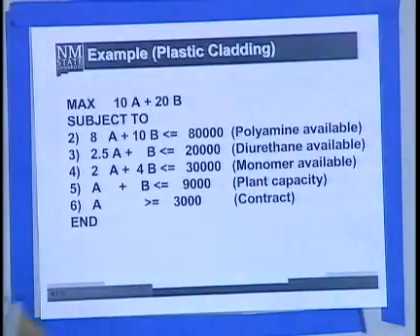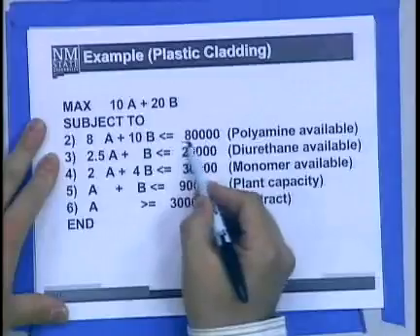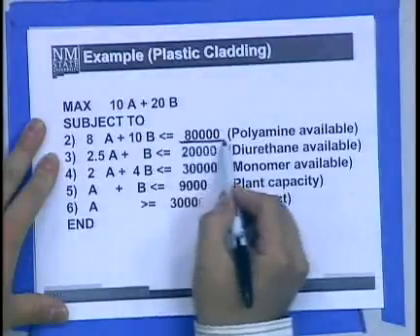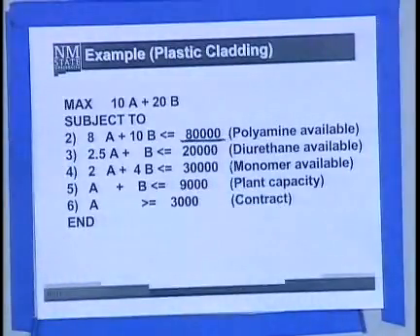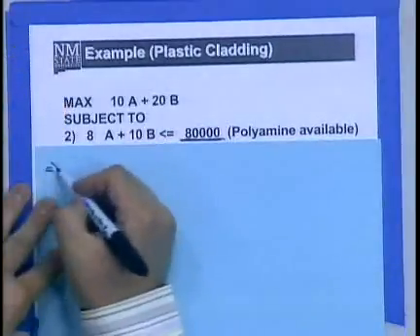Okay, so let's see. The company has in stock 80,000 pounds of polyamine, right? And row number 2 is the resource constraint for polyamine. Let me just rewrite it.